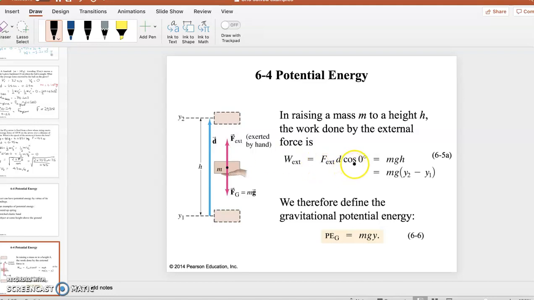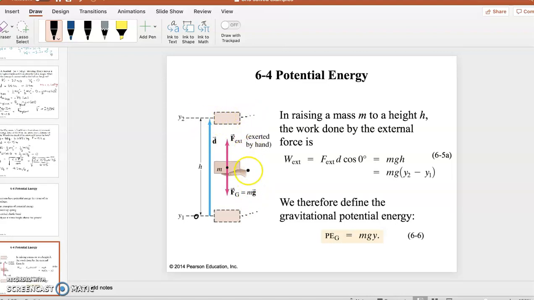Yes, because cosine 0 is 1. So F external times d cosine theta will have a value. Alright? And if you recall, in the previous YouTube video, we mentioned that to move the object from place y1 to y2, if we consider this to be our 0, we are moving it from a potential energy 0 to potential energy mgh.